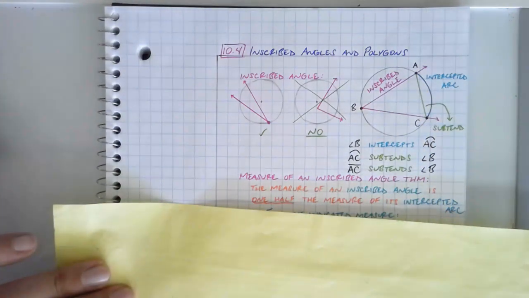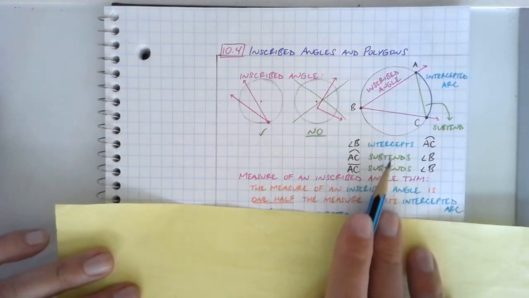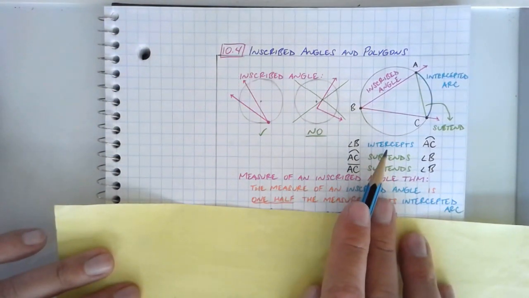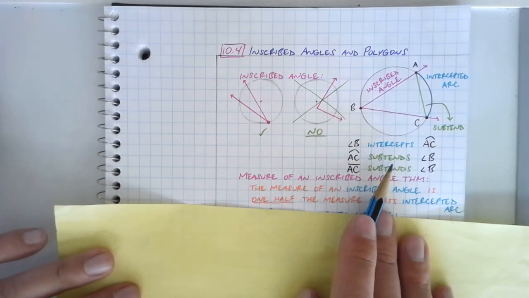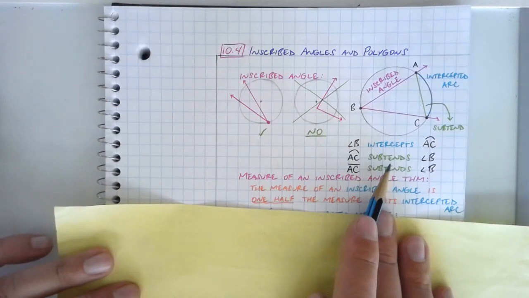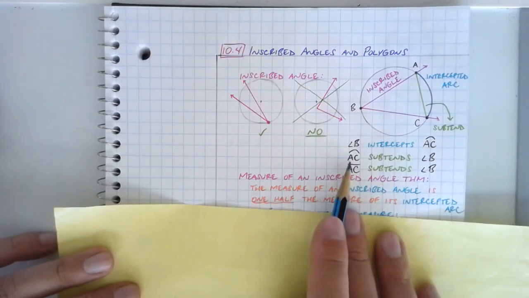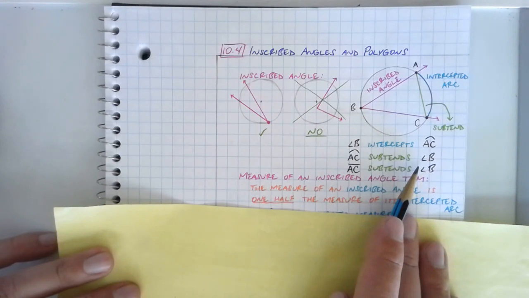You're going to see another term, subtend, and I use it in some phrasing just so you can see how it's used. It's far less important to define it. You're going to see it used in sentences, and for the most part, it's going to make sense what it's talking about. They'll use a phrase like arc AC subtends angle B. The term subtend for us simply means it's contained within.